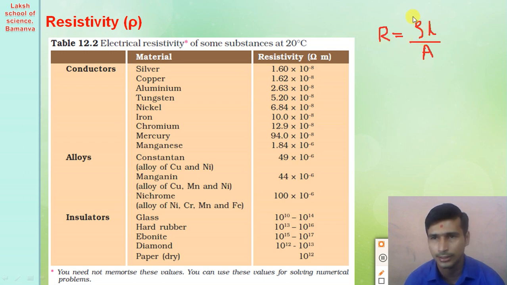The resistivity of the material is given in this table. We can take an aluminum conductor of length 5 meter and cross section area of 2 meter square. Resistivity we can take from this table, and you can easily calculate the resistance of the conductor.